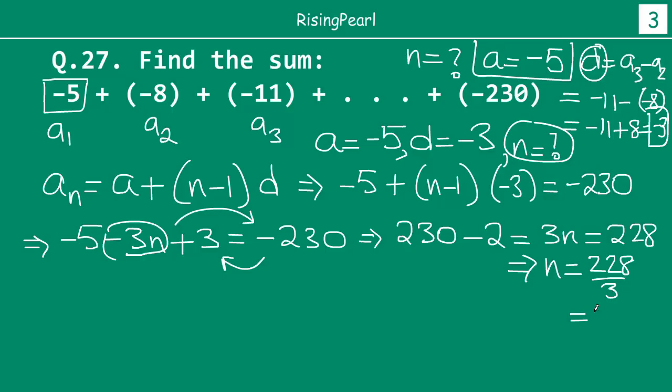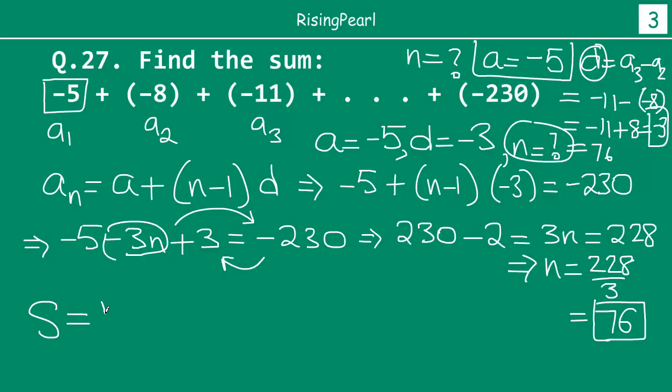So 3 7s are 21, 1 8, 6, 3 6 18. That means in this series what we have just found out, there are 76 terms. So now we know n is equal to 76. So at this point, friends, we can simply say the sum will be equal to, we can do it again in two ways.